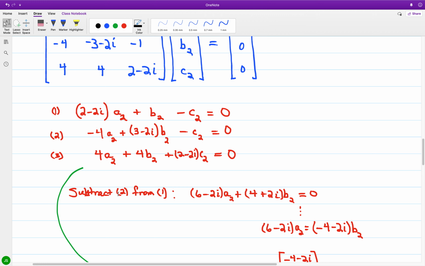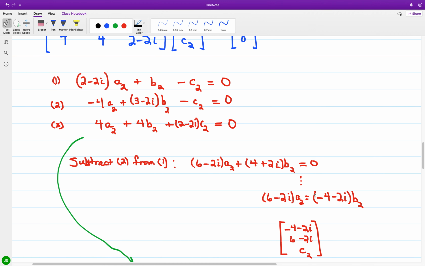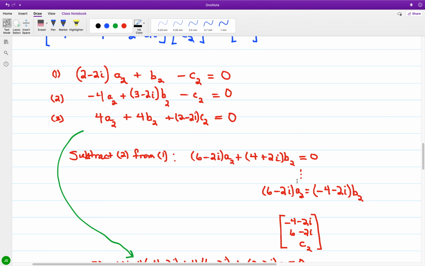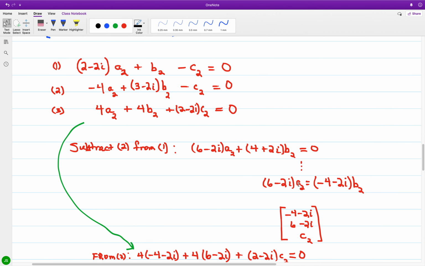If I start out subtracting this second equation from the first, now the c of 2 terms will go out, and so you'll have a of 2 and b of 2 sort of battling it out. Just taking what we have here, we have complex coefficients where we have 6 minus 2i quantity times a of 2 is equal to negative 4 minus 2i quantity times b of 2.